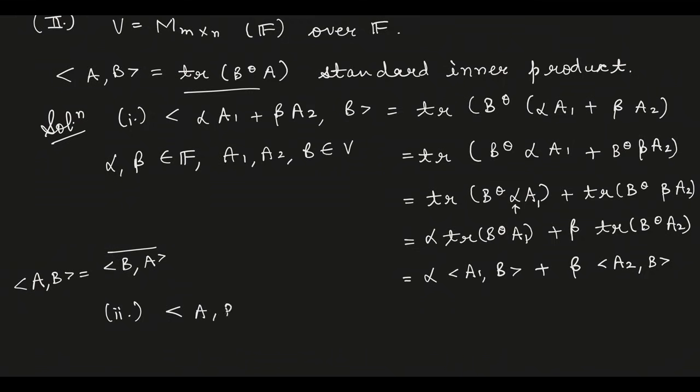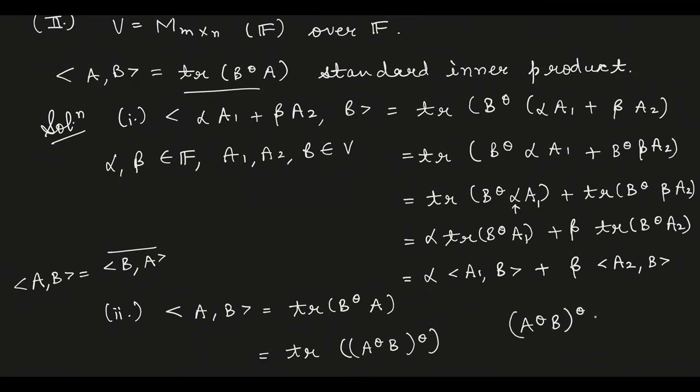Inner product of a comma b is trace of b theta a. Now I can write it as trace of a theta b whole theta, because a theta b theta is b theta a. This is a property of this transpose conjugate.